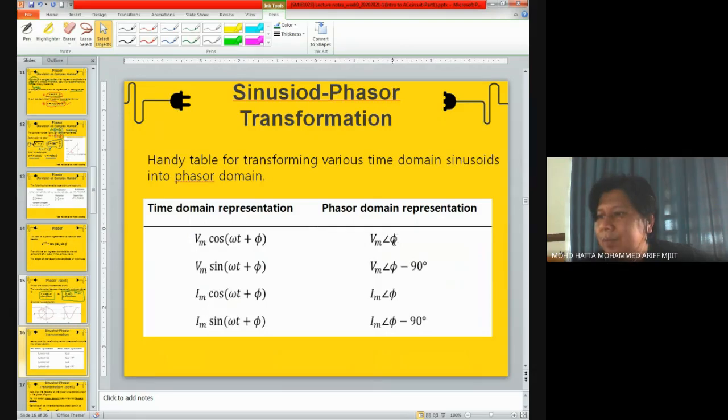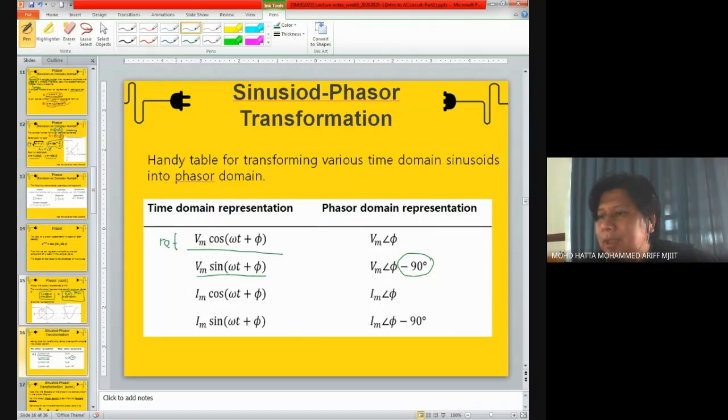And if this is considered our reference, the reference here is cos. So if you want to write the voltage as a sine waveform, you need to subtract 90 degrees from this angle. Same goes here.